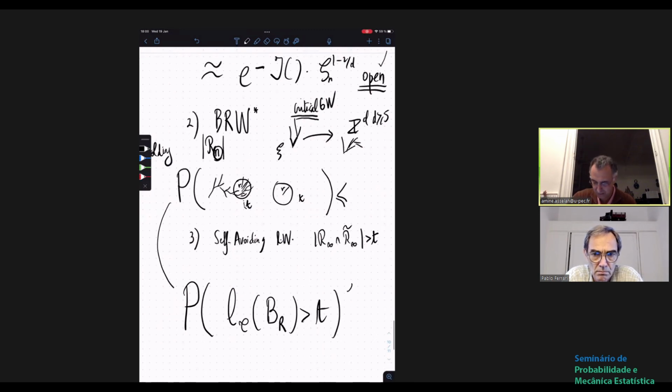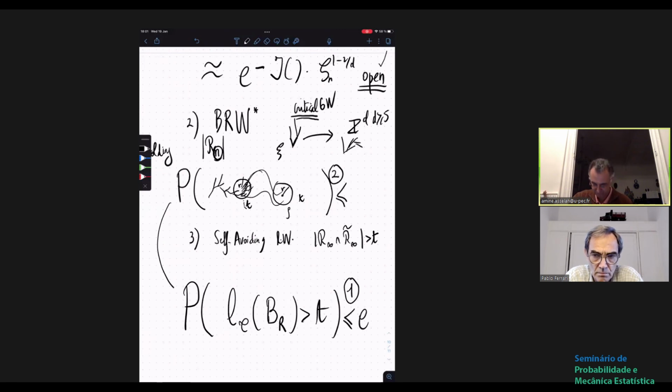So first step, this is something I needed actually. But then second step is take two balls and try to get this probability. What's the probability that one branching random walk visits two balls a given amount of time or a given density?